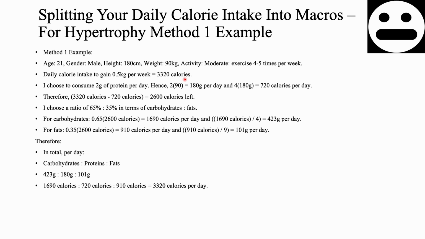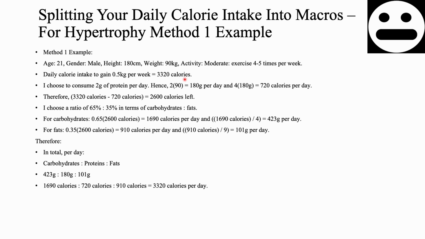Cool. 3320 calories to bulk. We are bulking here. We want to gain half a kg per week. So we have to eat 3320 calories per day over a week.